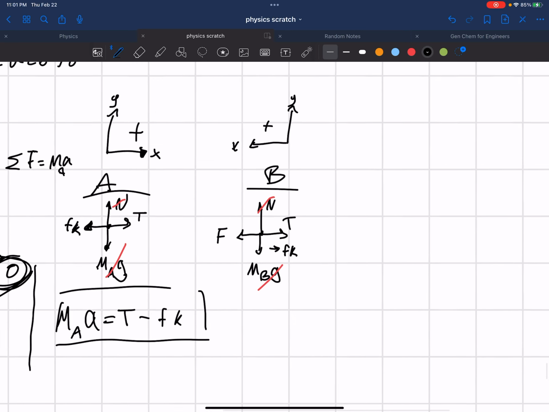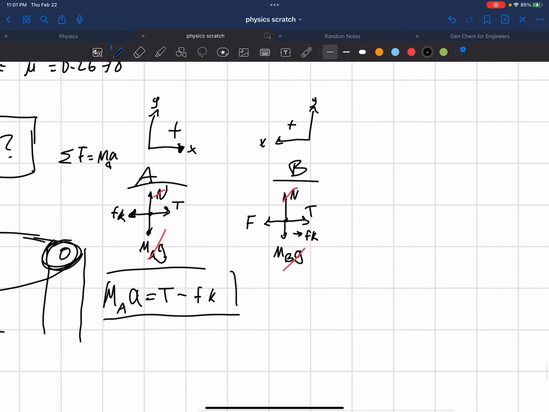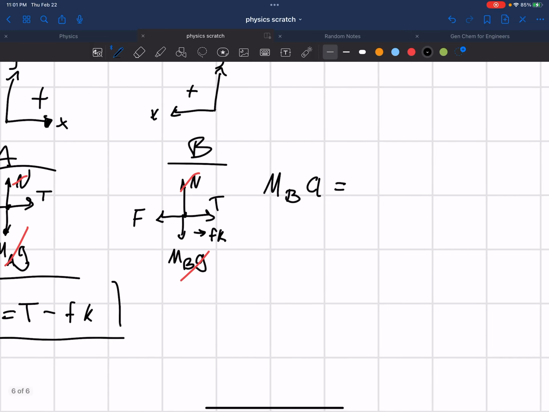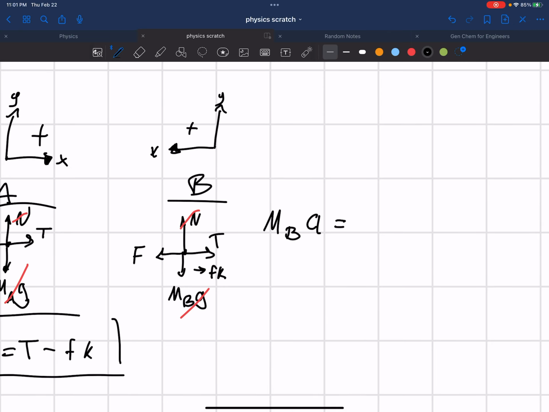Now let's write our equation for this one. The first thing we do, remember, our sum is MB times A of B, same thing. And then F is in the positive, so we want to keep that positive, and minus T, because T is now going which way?